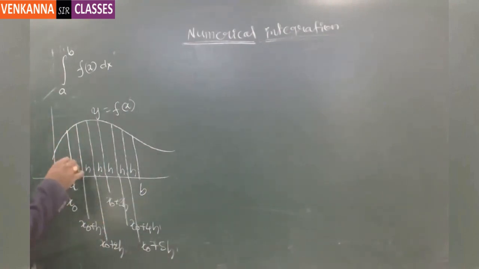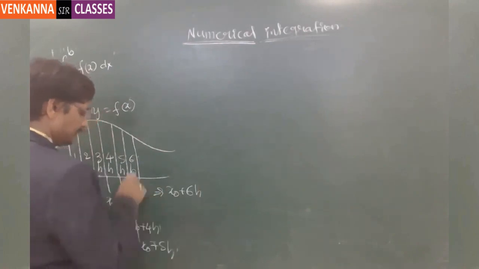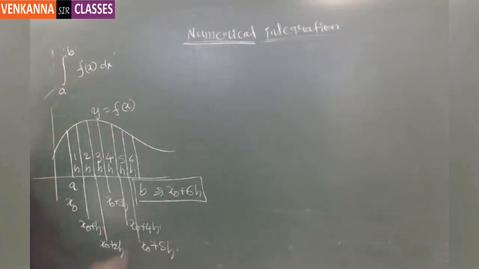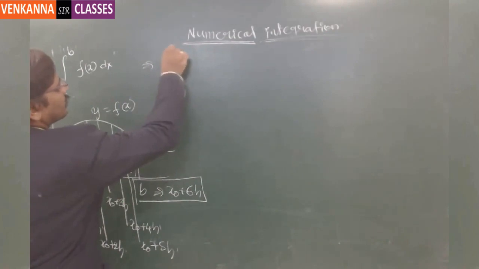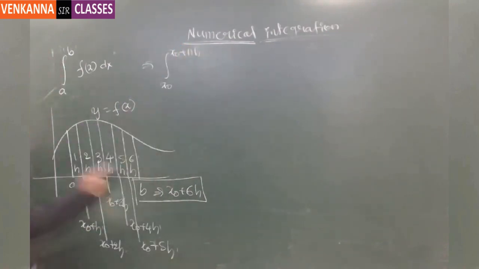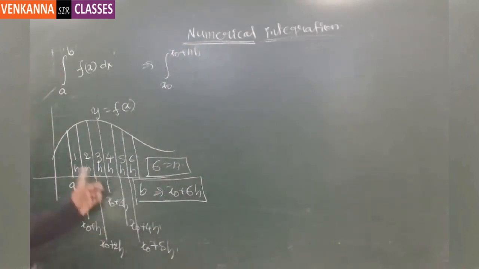If you notice, this is the first, second, third, fourth, fifth, and sixth interval. Now b can be written as x0 plus 6 times h. This is how I can express the b value. Now this integration, I can write as the integral from x0 to x0 plus nh, provided I divide this into n equal intervals, where n is equal to 6 for this particular case.